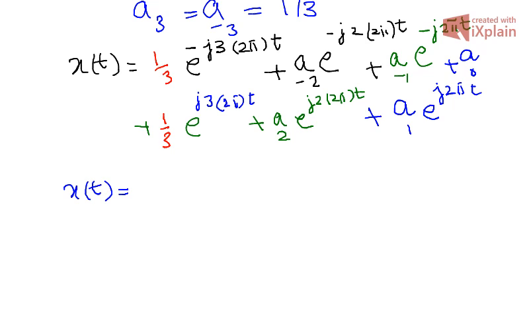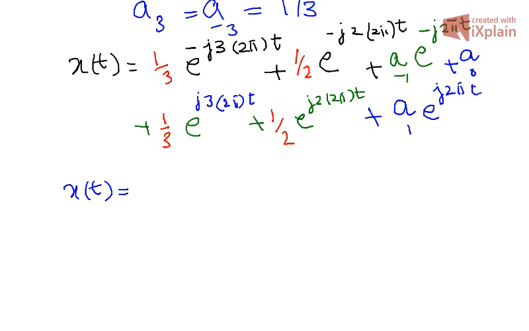Similarly, you can see that a of minus 2 and a of 2 are also given, and those are 1 over 2. So instead of writing another line, I'll just replace these values. Let me write 1 over 2 here and 1 over 2 here.